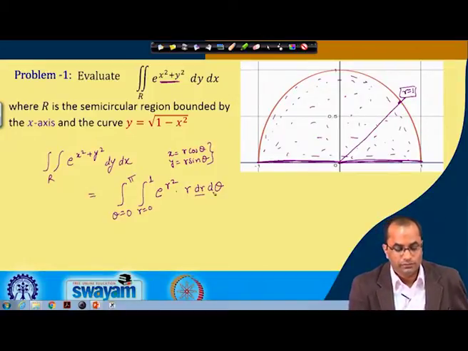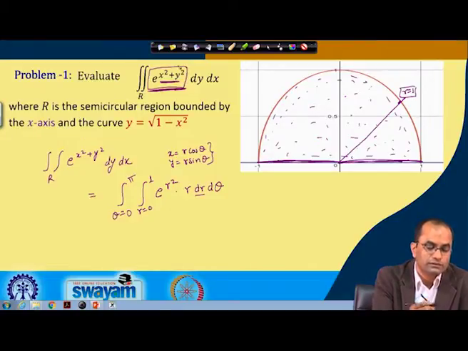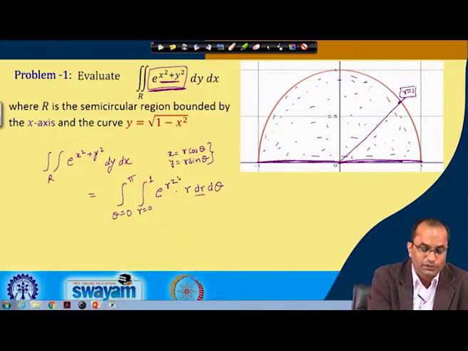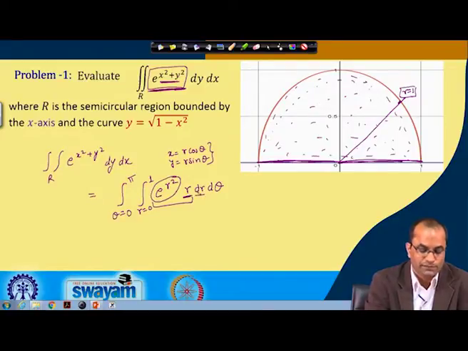And now if we look closely here, direct evaluation in Cartesian coordinates was not easy, or rather not possible, to integrate this e power x square plus y square term, but now we got here e power r square and r.